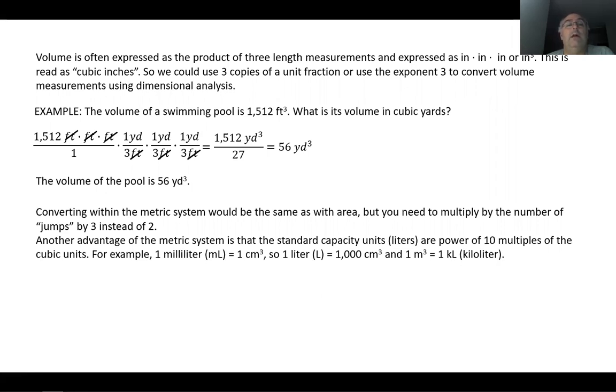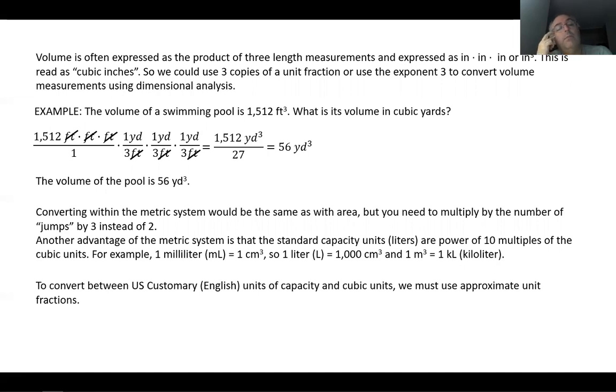And 1 liter is just 1,000 cubic centimeters. And a cubic meter is really the same as 1 kiloliter. And so it's much easier to convert between the cubic measurements and the typical volume measurements in the metric system than it is to convert in all the other ways in the metric system.